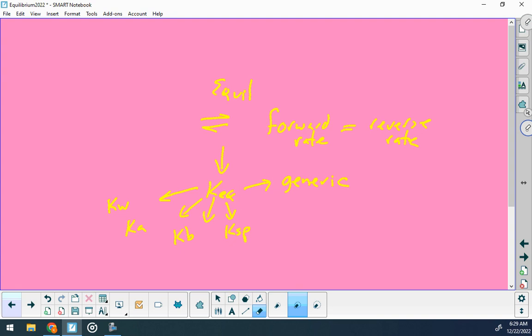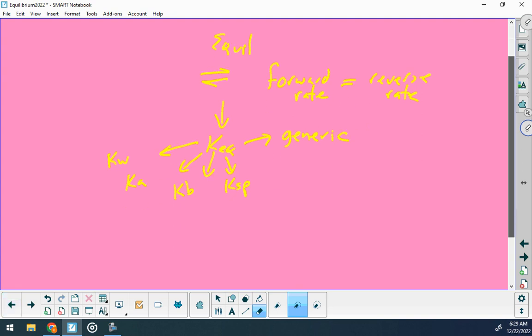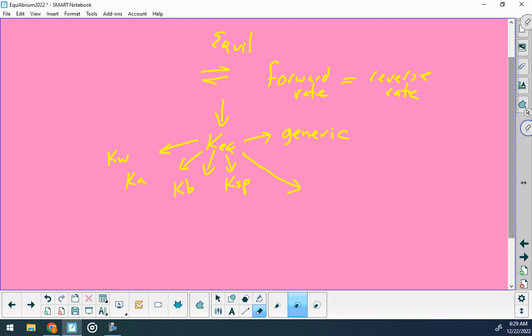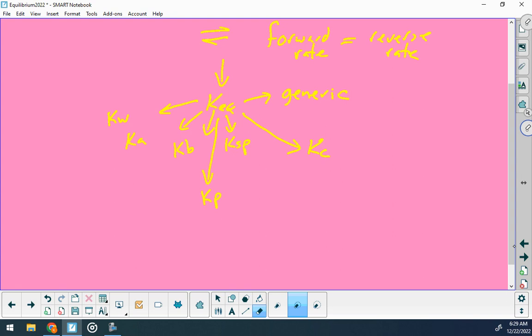The two that we want to focus on now are the Kc and the Kp. Really, we're going to focus just on the Kc, but the Kp is similar. The Kp is really aimed at gases, and your equilibrium constant is written in terms of partial pressures.